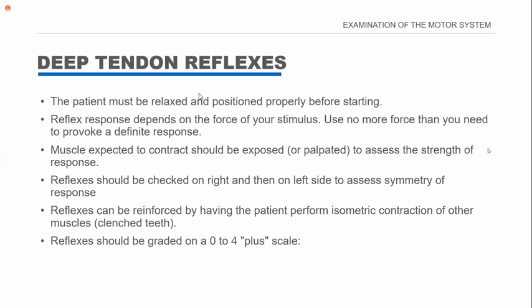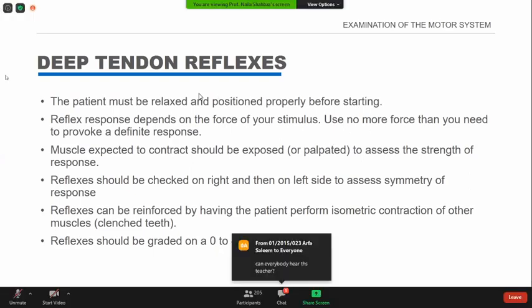The muscle expected to contract should be exposed or palpated. For example, if you're eliciting the knee jerk, then the thigh muscles should either be exposed or your hand should be placed on the thigh muscles to look for contraction or the strength of the response. Reflexes again should be checked first on the right and then on the left.